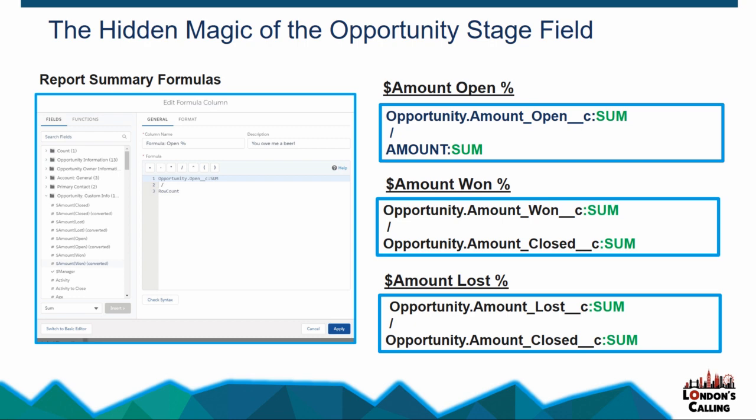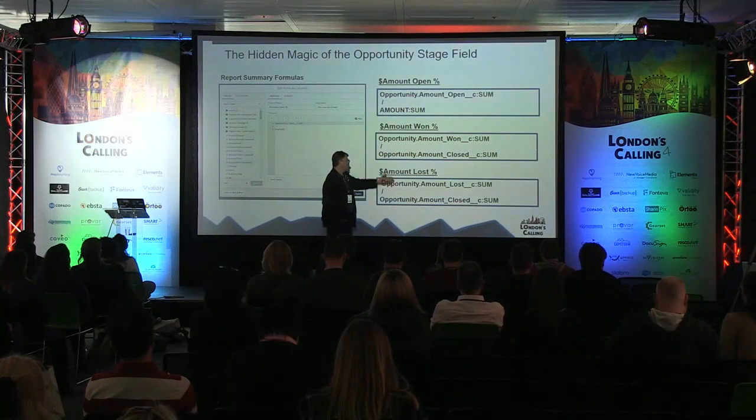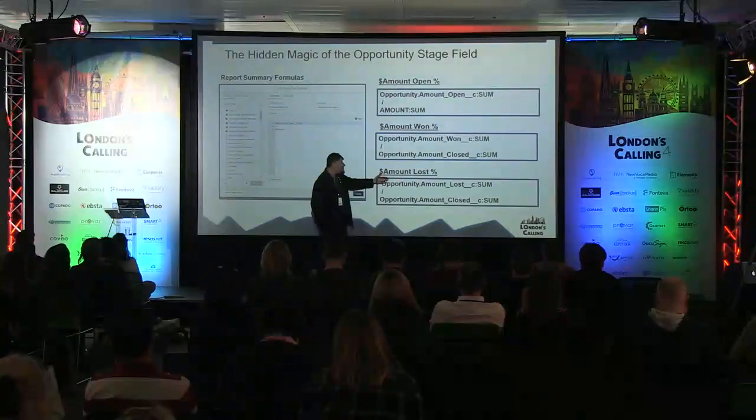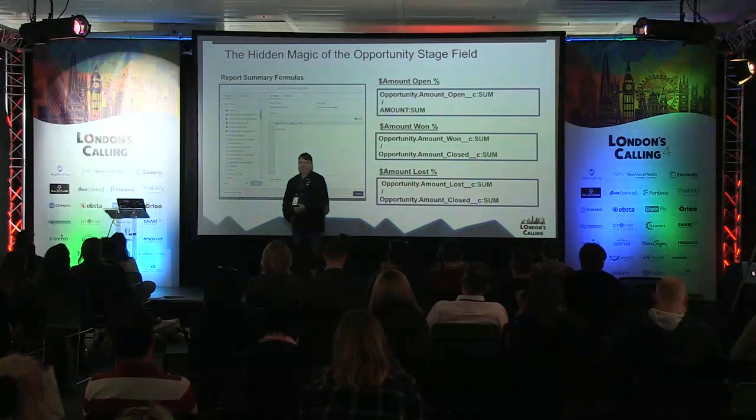The percent of money that's been won: I can divide the sum of my amount won custom field by the amount closed sum custom field that I created to get the percent of money that's been won. And I can do the same thing to get the percent of money that's been lost.